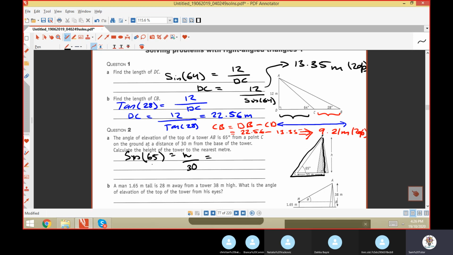Unknown is on the bottom, switch. And then calculate. Okay? As easy as that, right? But for B, it's not too tricky, but it does require you to do some subtractions here and there.